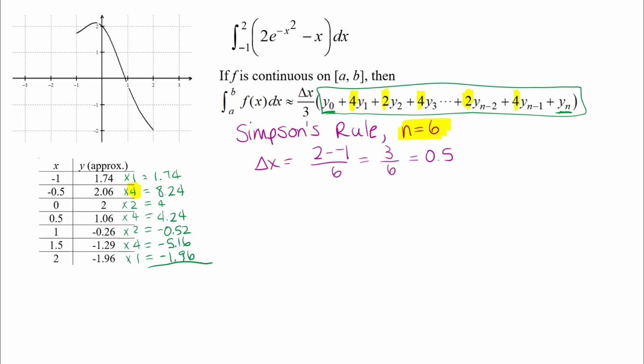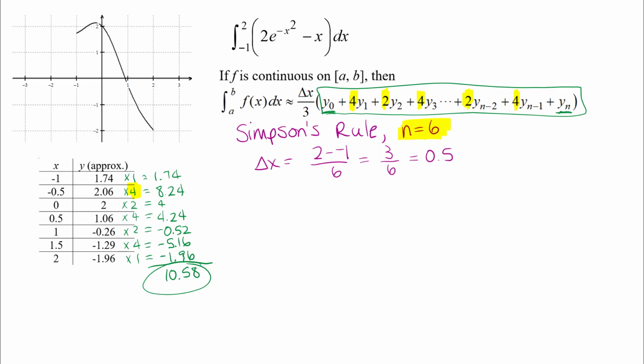Then we're going to add up all those numbers, so get out your calculator for that. You should get 10.58 when you add all those numbers up, and that number is the sum from everything that I put a box around in my Simpson's rule formula.